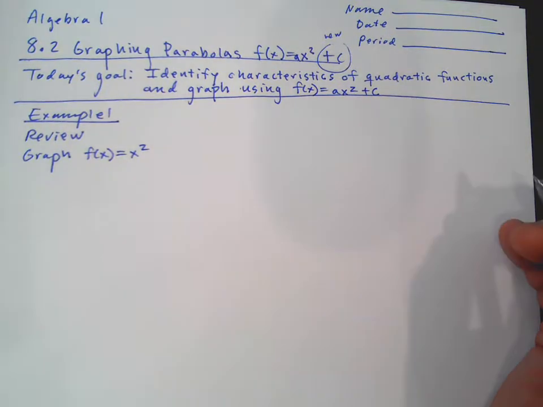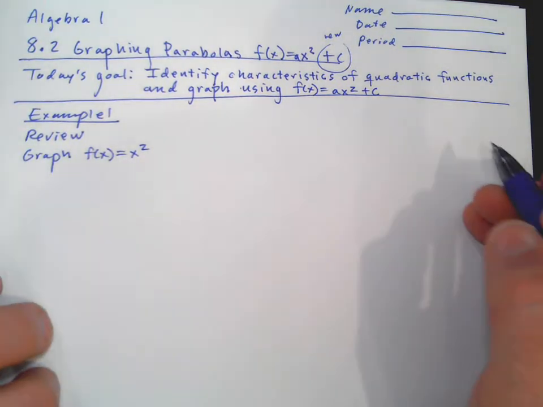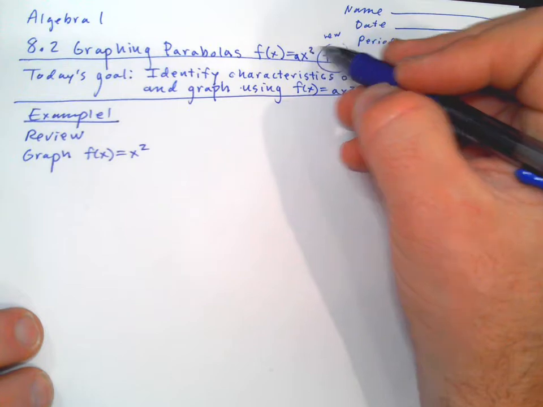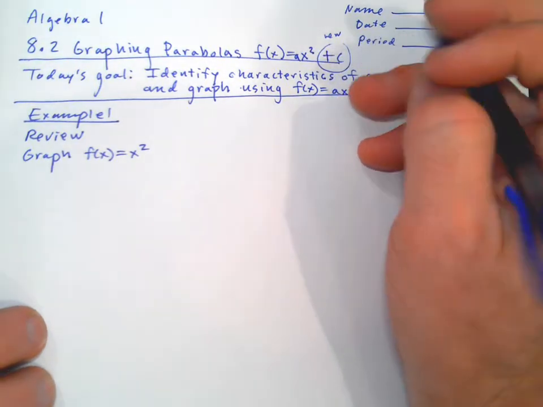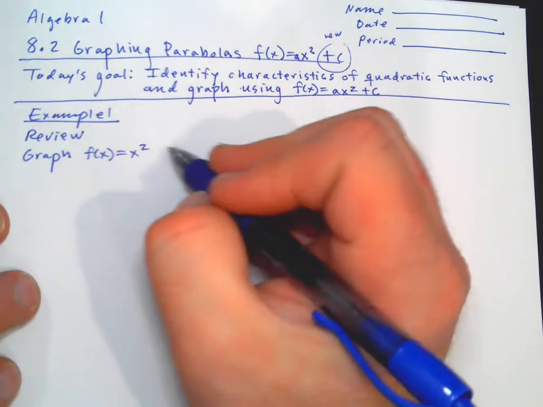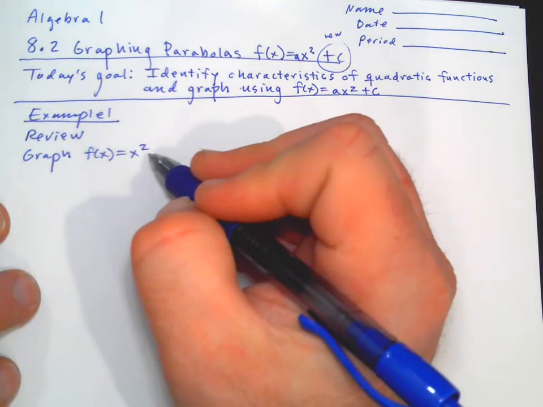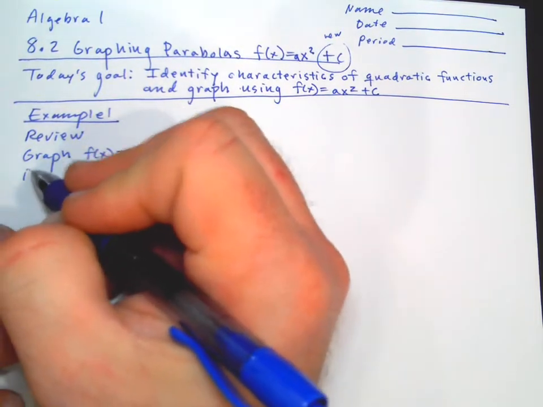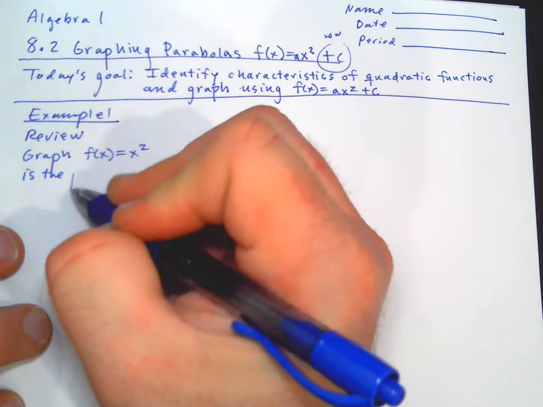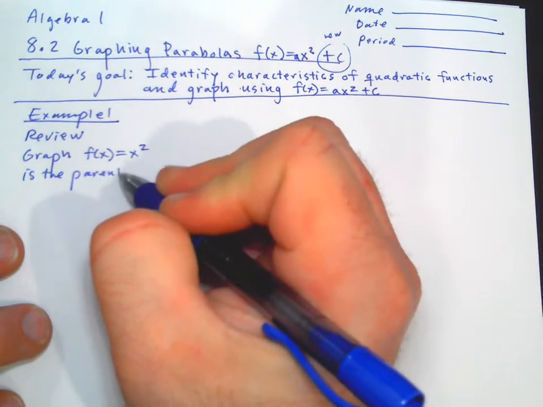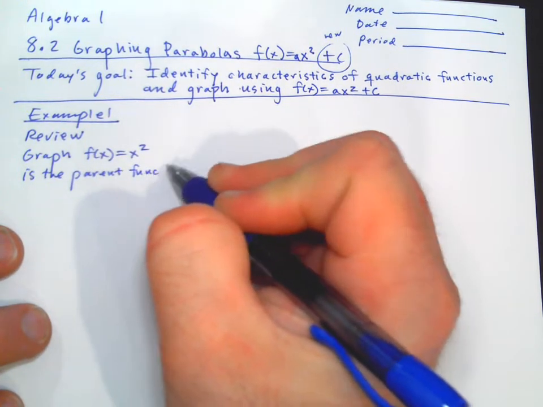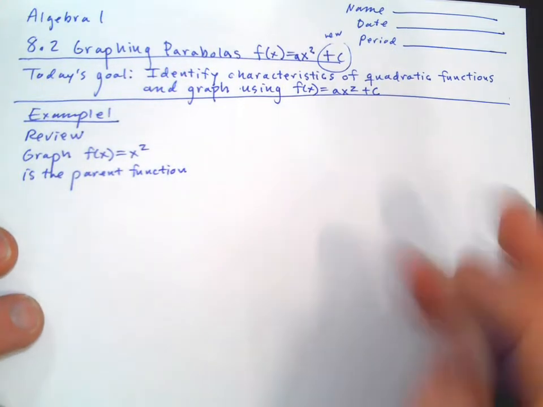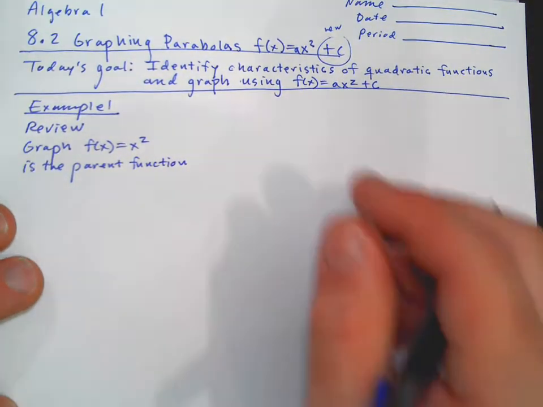Now, f(x) = x² is a very special case scenario where the a value is 1 and the c value is 0. We call this the parent function. So f(x) = x² is the parent function, okay? It's sort of like the main one that all the others are based off of.